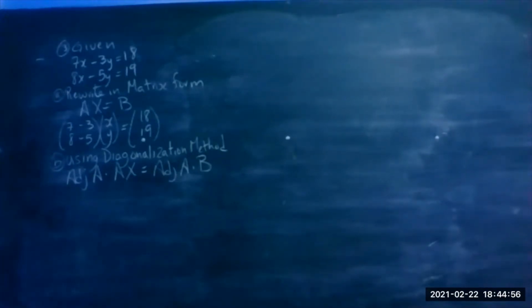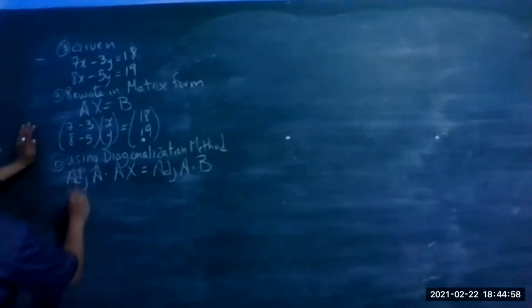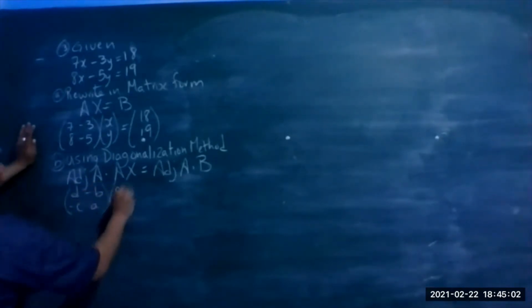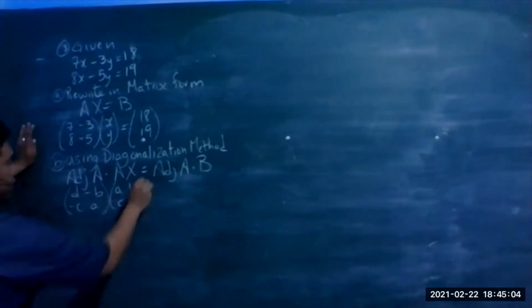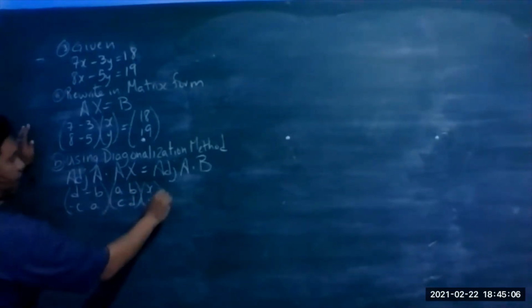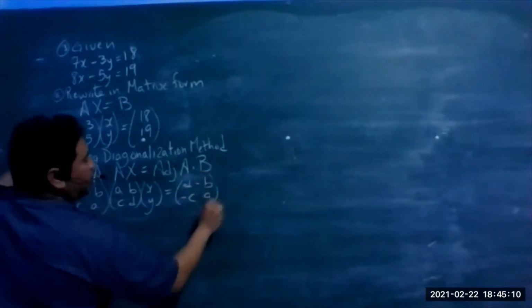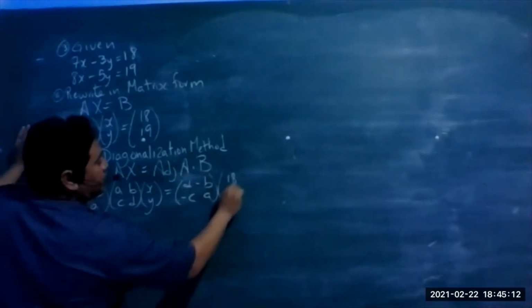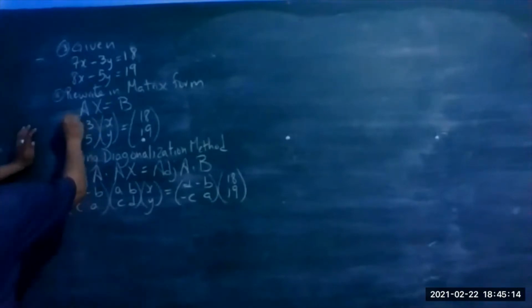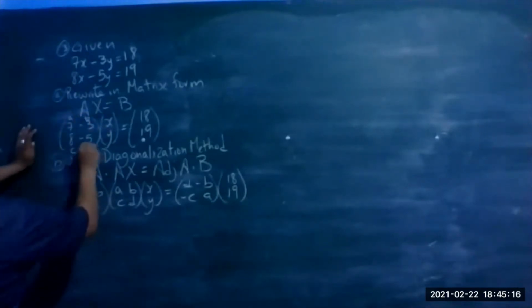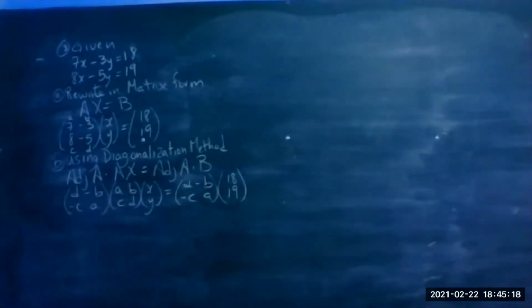So the adjoint of [A B; C D] is [D -B; -C A], times [x; y] equals [D -B; -C A] times [18; 19]. Let me label the A, the B, the C, and the D to fit the situation.